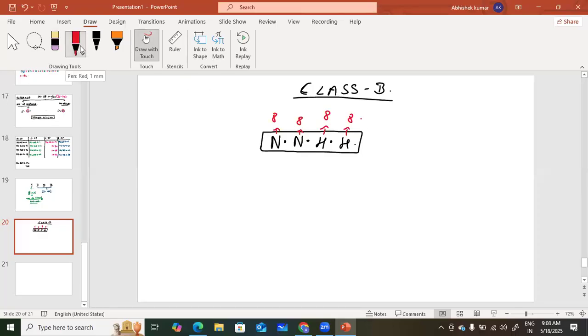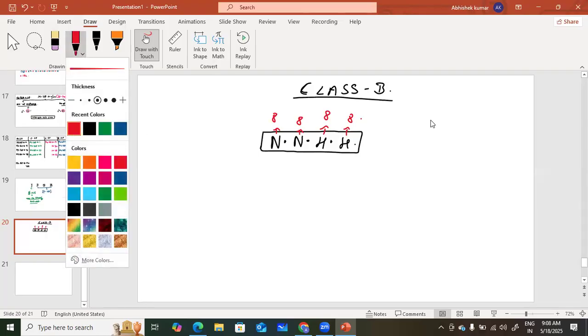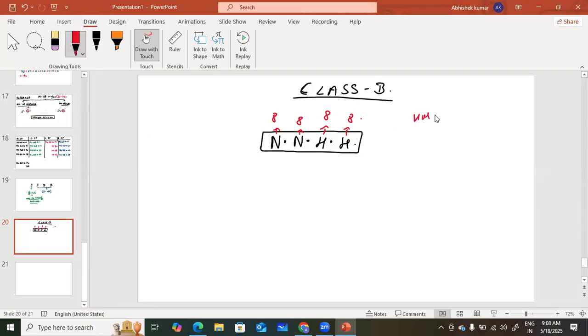So how many host bits? The total number of host bits for class B is 8 plus 8, which is 16.